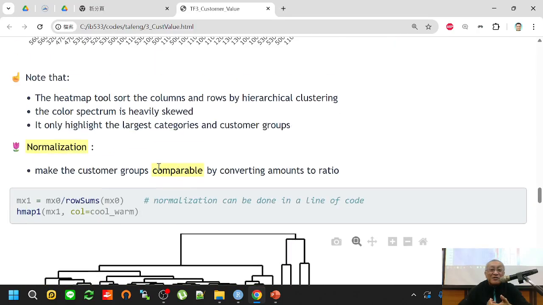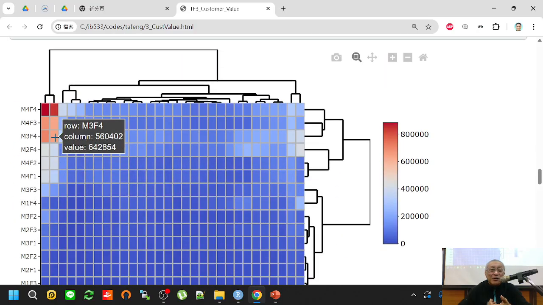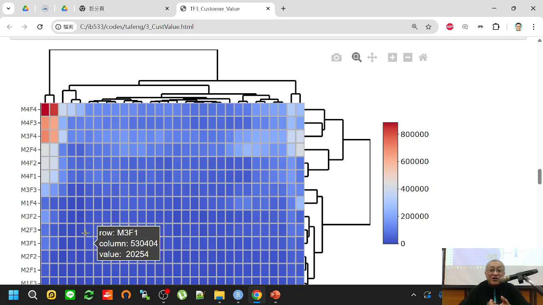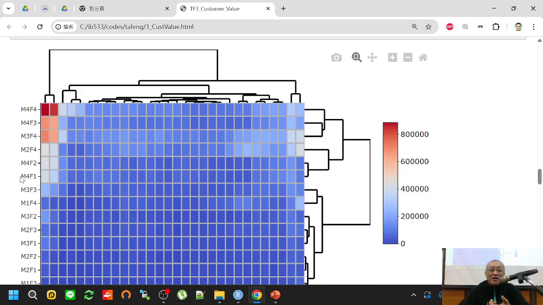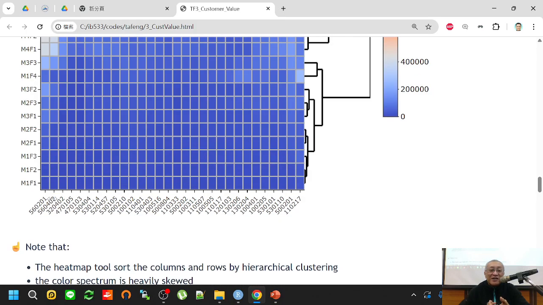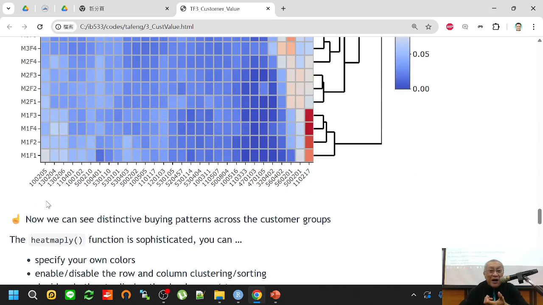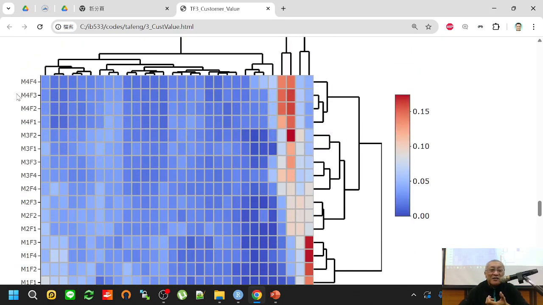If you put the revenue directly on the heat map, you will always see the revenue concentrate on the most buying customer and most selling category, right? If you want to compare the different buying pattern among the different customer groups, for marketers, this is what we want to know, right?